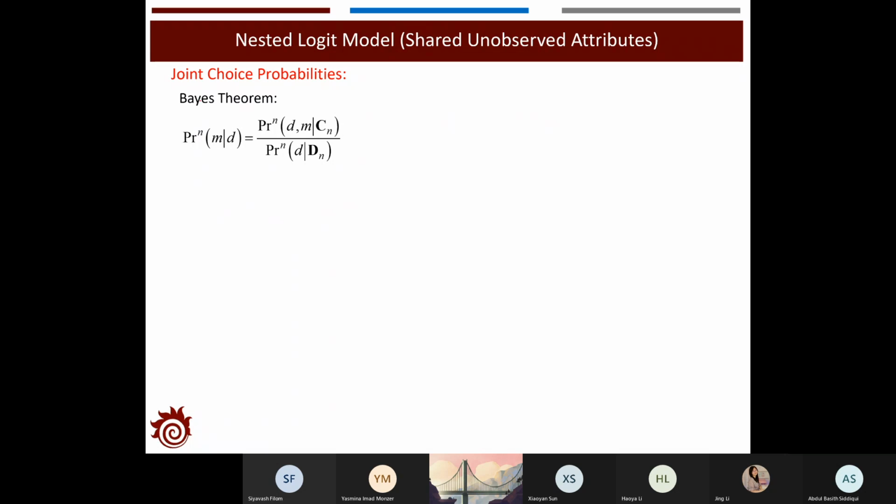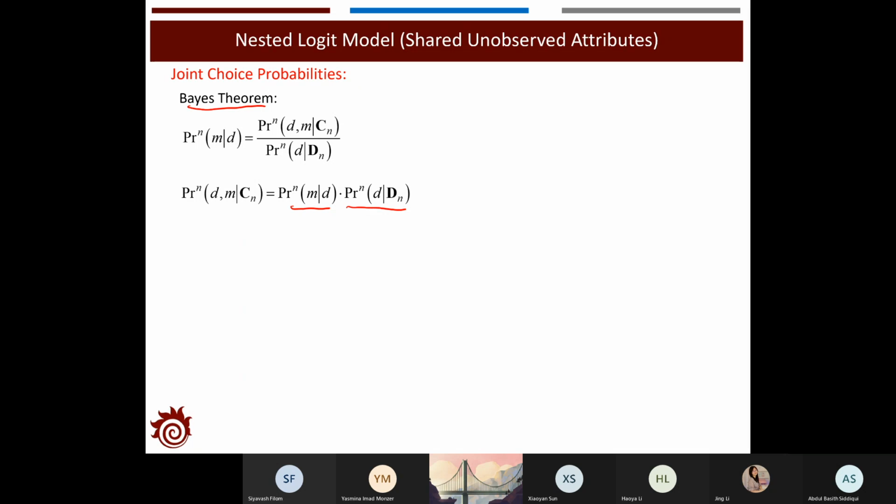So again, we're going to need to use the Bayes theorem to calculate the joint choice probability. So here the joint choice probability will be the product of the marginal probability and the conditional probability.